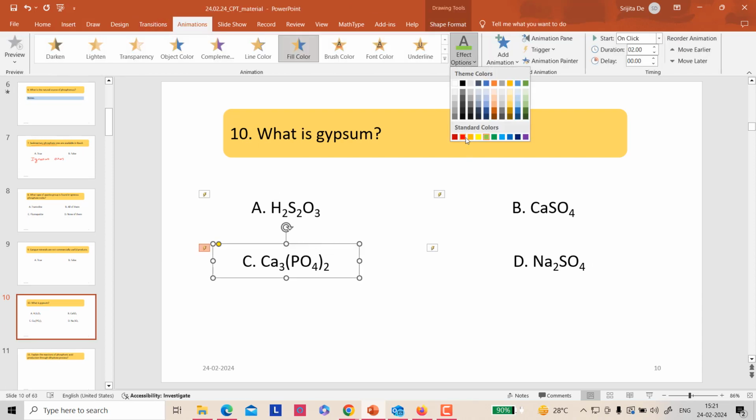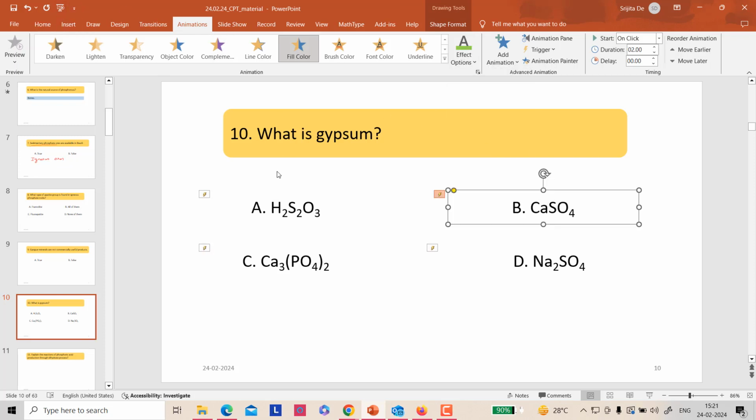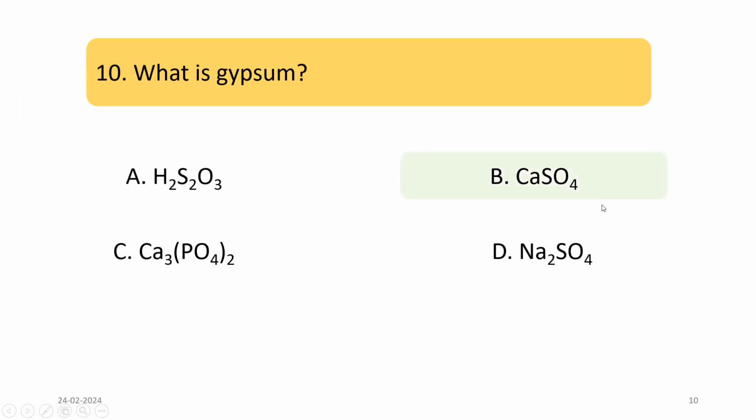Calcium sulfate, ma'am. Yes, okay. Calcium sulfate is gypsum, which is one of the byproducts of phosphoric acid production. The whole segment of the calcium sulfate minerals is called gypsum.